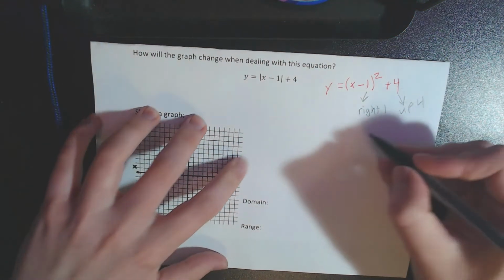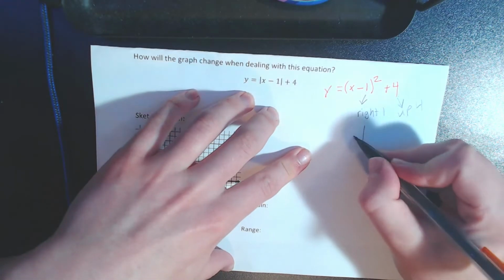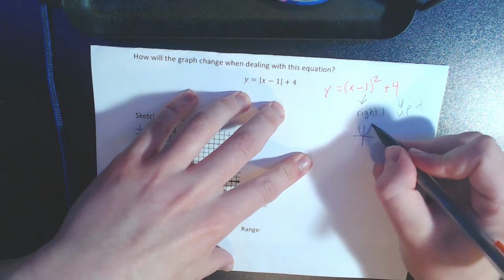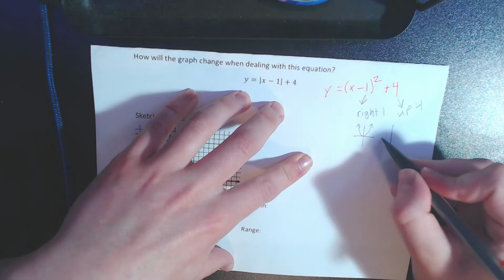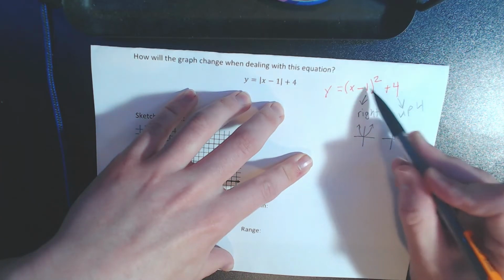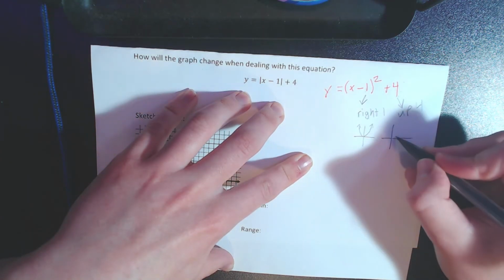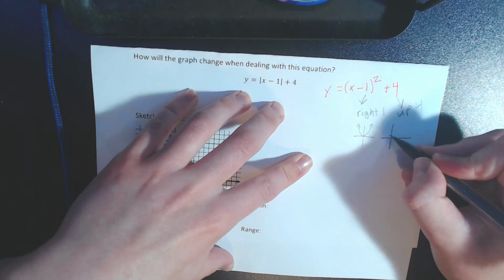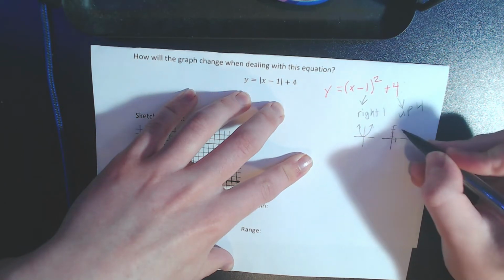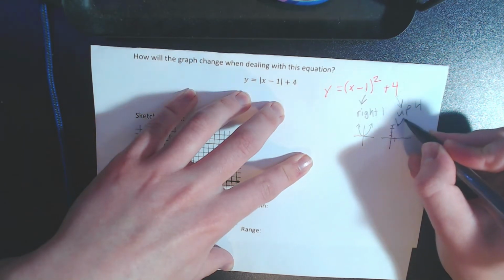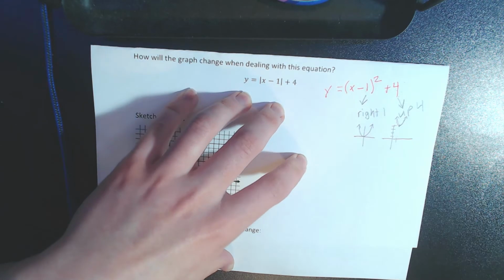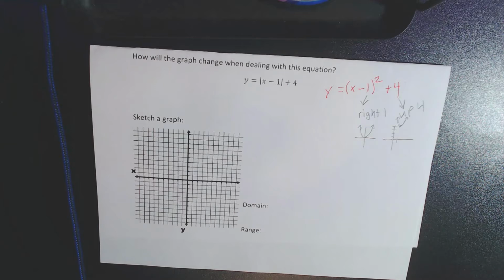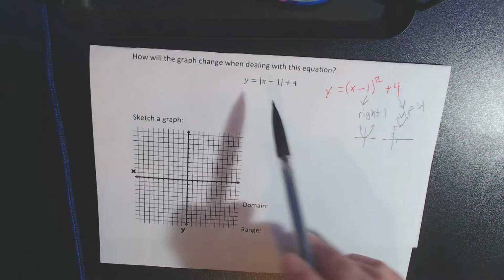So typically we had a parabola going through 0, 0, and after we put those two numbers in, it would go right 1 and up 4. 1, 2, 3, 4. And so it would be another parabola going through that corner point, okay?